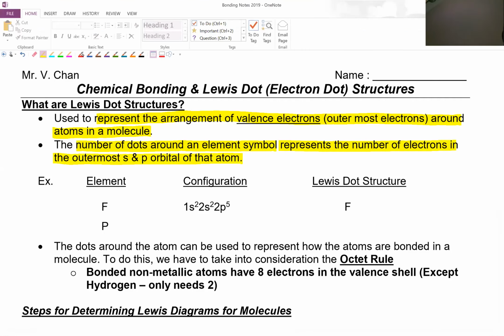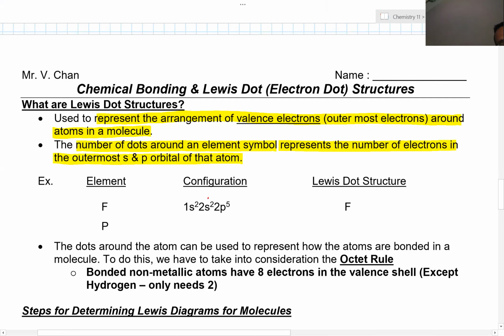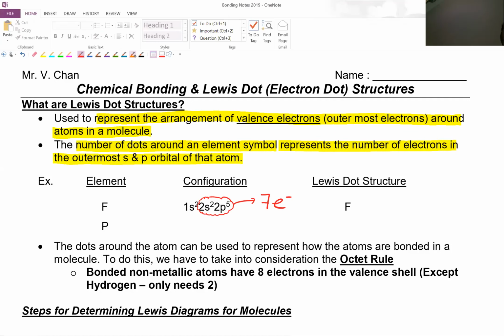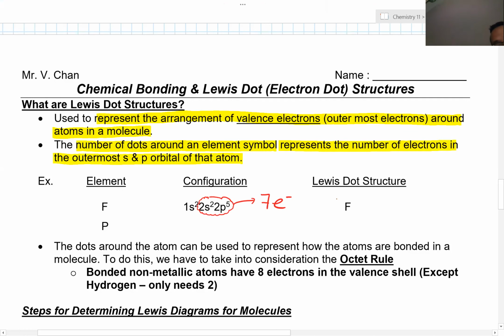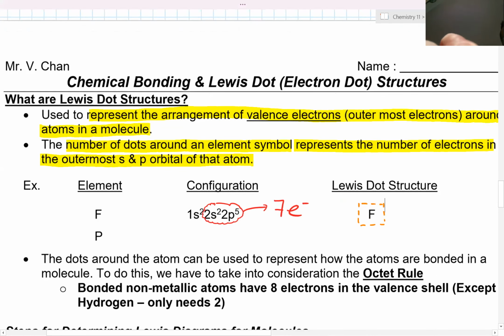For fluorine, if we look at the outermost s and p orbitals, notice that there are 7 electrons. To draw the valence electrons around fluorine, I'm going to pretend I have a little square, and in the square I'm going to place the electrons: 1, 2, 3, 4, 5, 6, 7.